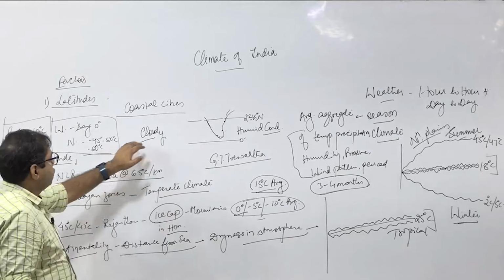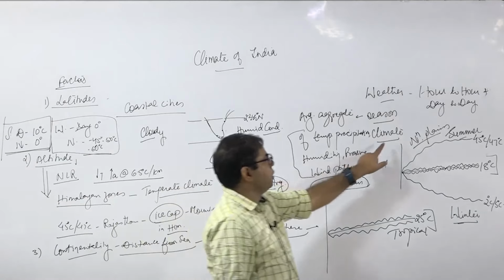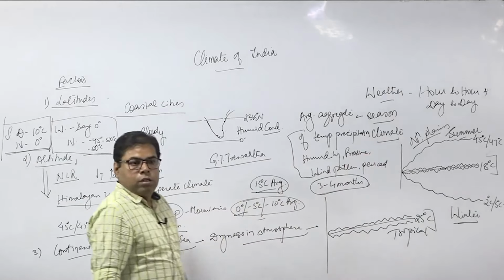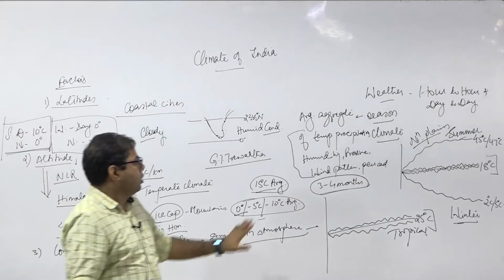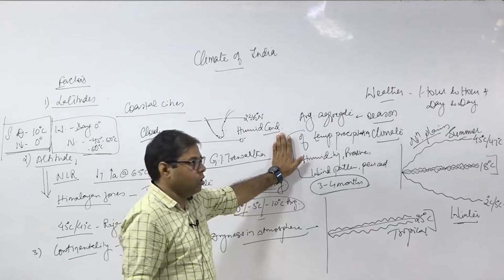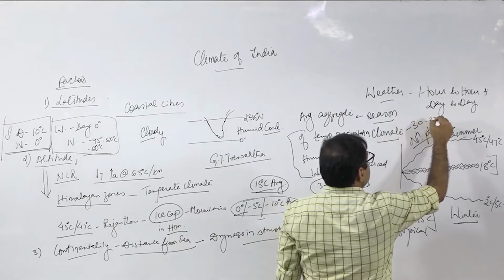So the location, latitude, the coastal location is also responsible for the climatic condition. Climate क्या होता है? What is climate? The aggregate of all these conditions over a period of 30 to 33 years.